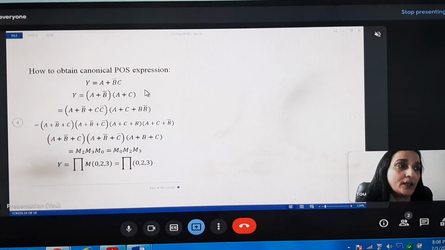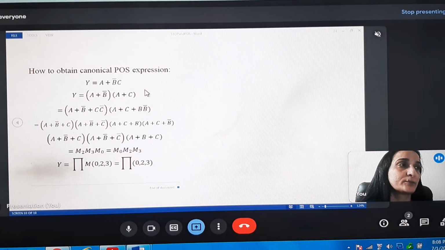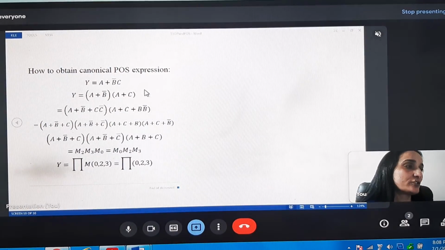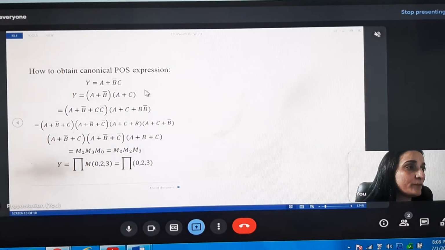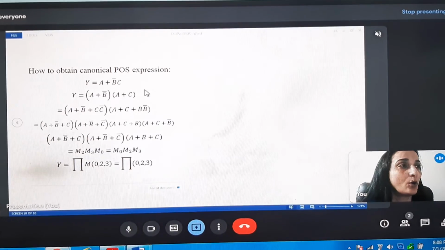Repeat this step until all the sum terms in the logic function become fundamental and contain all the variables.